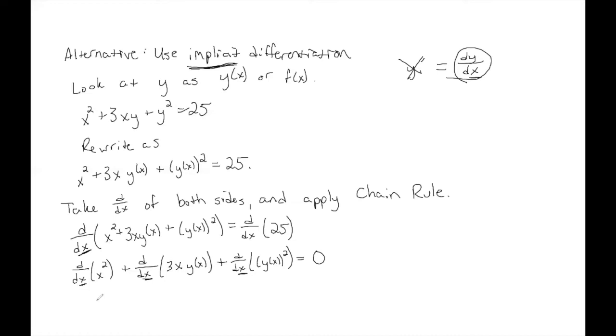All right, so how do I do this? Well, this part's easy. This is just 2x. Now taking the derivative here, I have 3x, and I also have that multiplied by y of x. This is a function of x, and how I think of y of x is just a set of parentheses with some x's living in the middle of them.